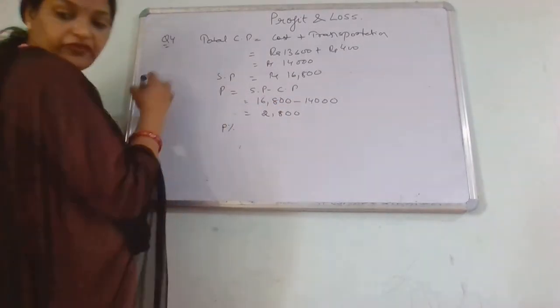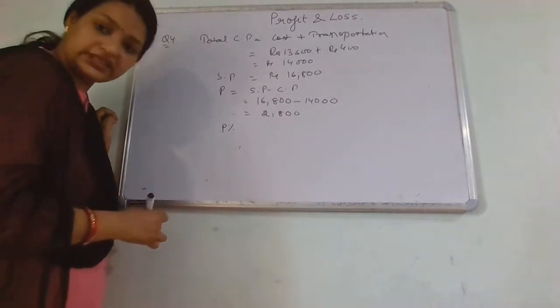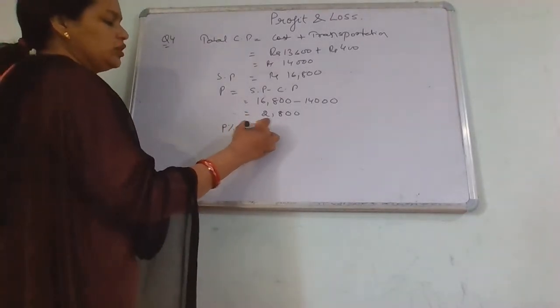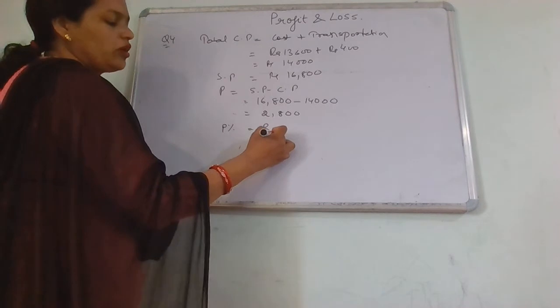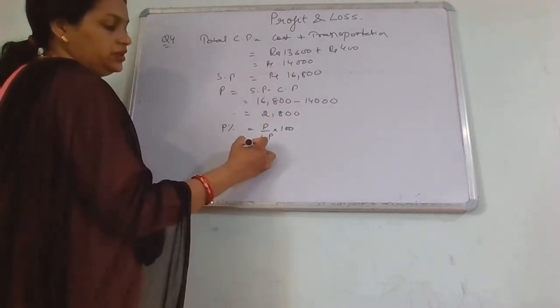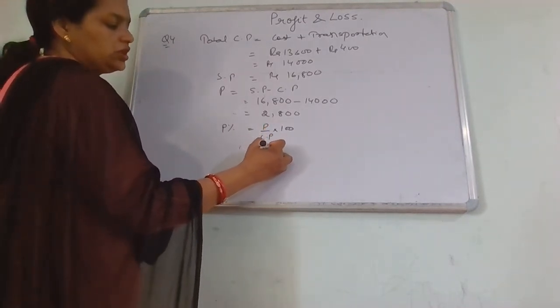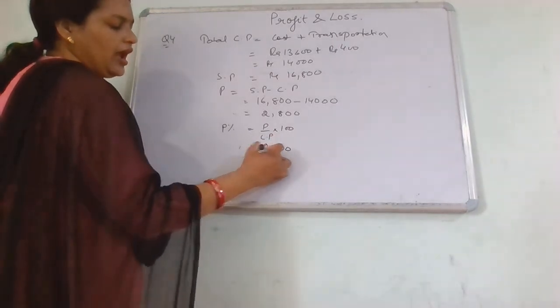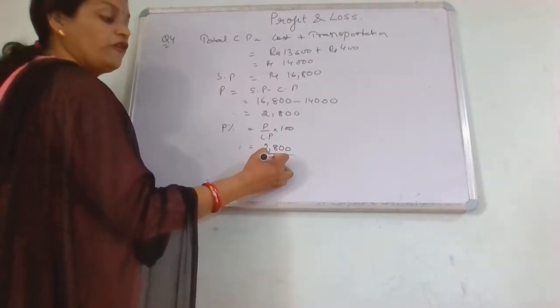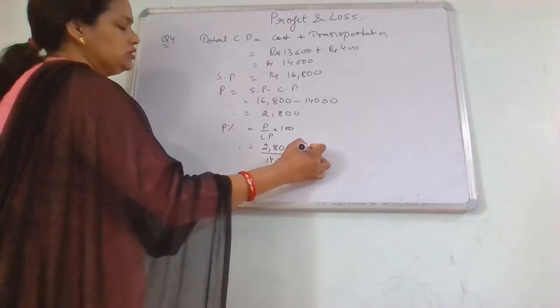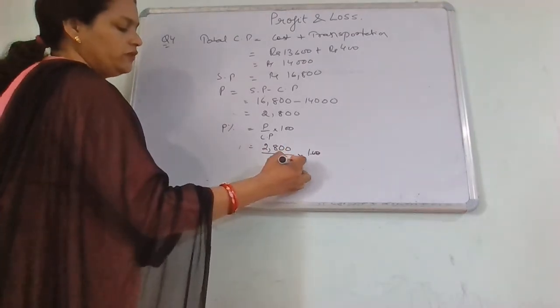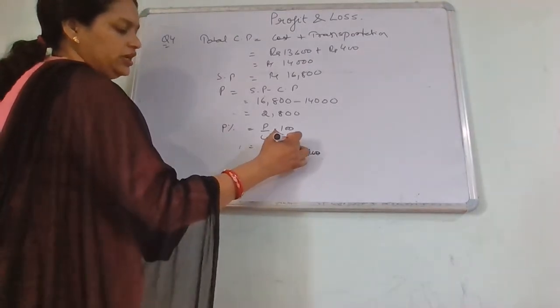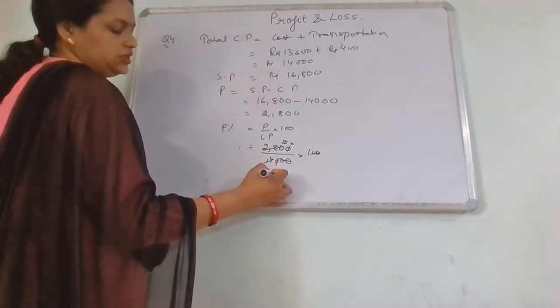Now we have to find the profit percent, or gain percent, which is profit by cost price into 100. Profit is 2,800 and CP is 14,000, into 100. When I solve it, it comes out as 20%.